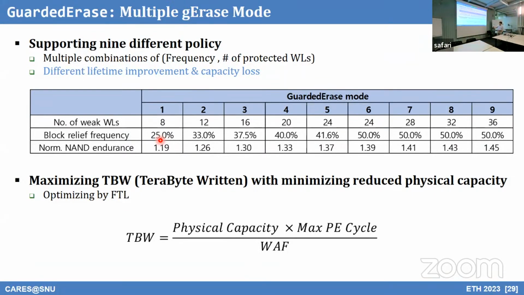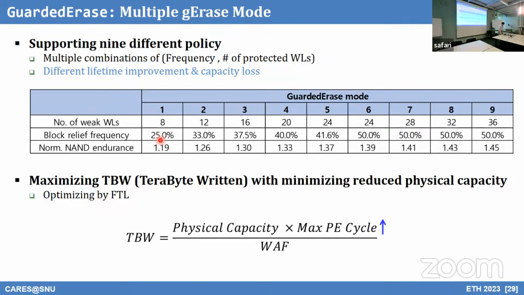If you look at the SSD, physical capacity is given, maximum P/E cycles are given, and write amplification factor is given. This is the simple formula which can tell how many host data were actually written to the SSD by the end of the SSD lifetime. So you want to maximize this. If we use guarded erase, we can increase maximum P/E cycles because we are extending the lifetime of weak word lines.